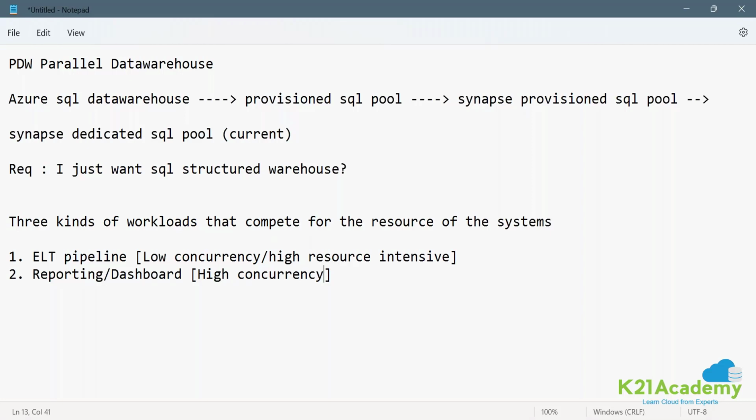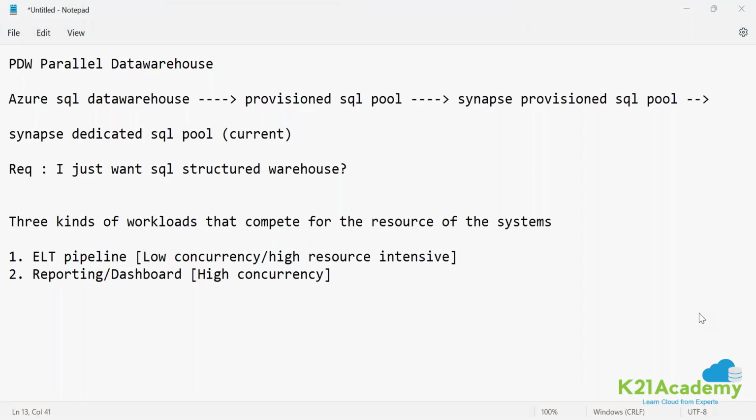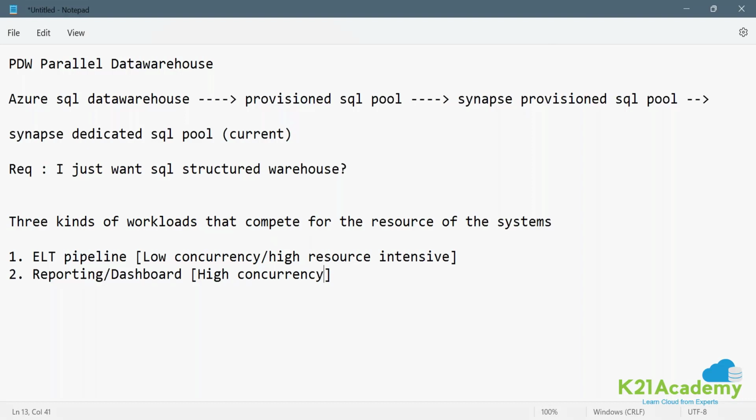So if you have 500 plus users using Power BI service and trying to fetch reports, eventually hooking up to the warehouse, high concurrency could be there. 500 plus users simultaneously might be fetching reports, and obviously it would again be low in resource consumption.